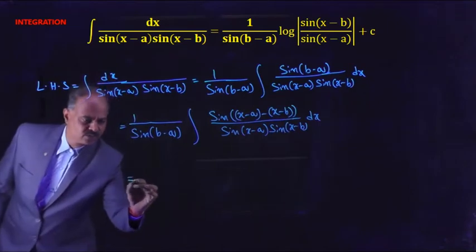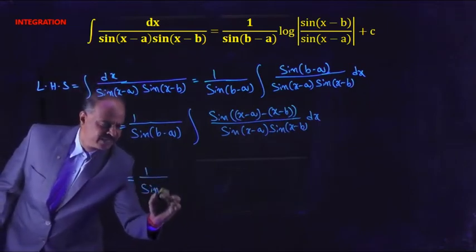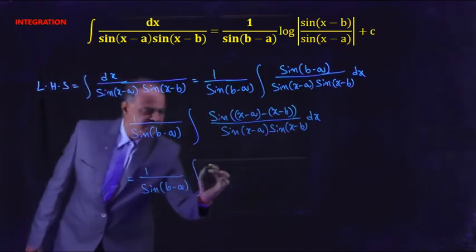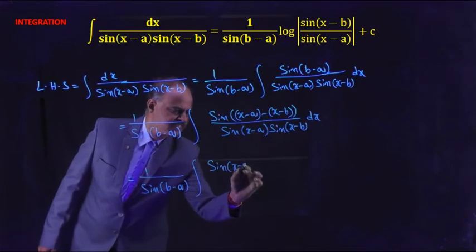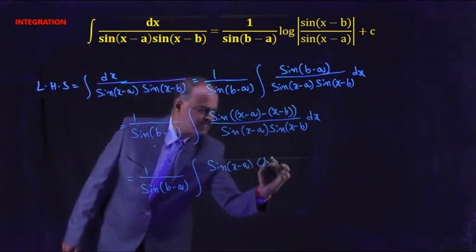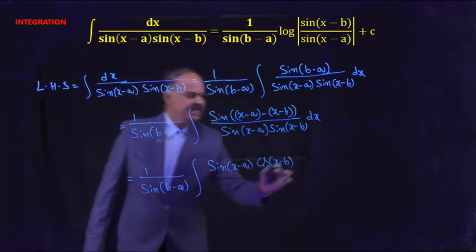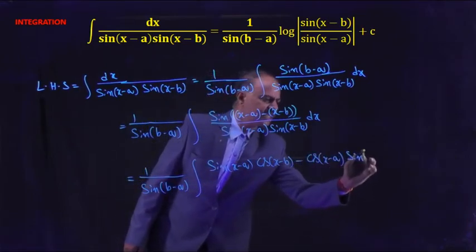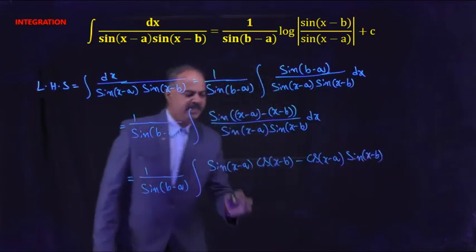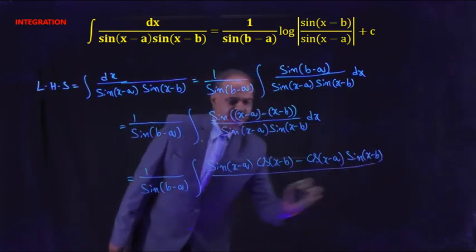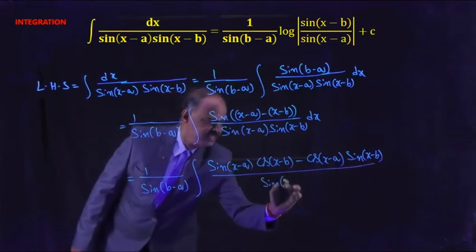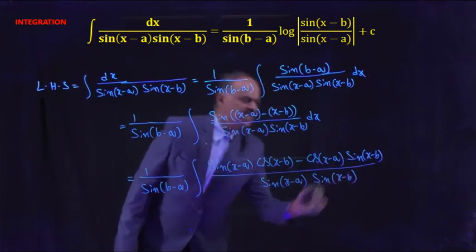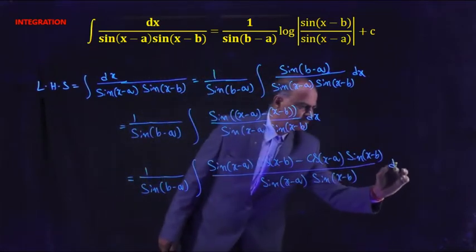Now this equals 1 by sin of (b minus a) into integral sin of (x minus a) into cos of (x minus b) minus cos of (x minus a) into sin of (x minus b), divided by sin of (x minus a) into sin of (x minus b), into dx.